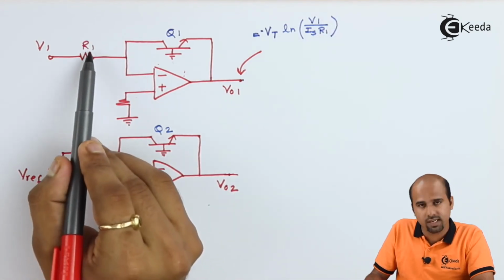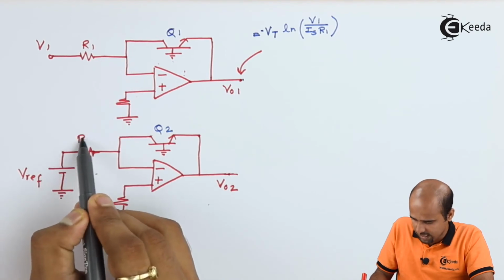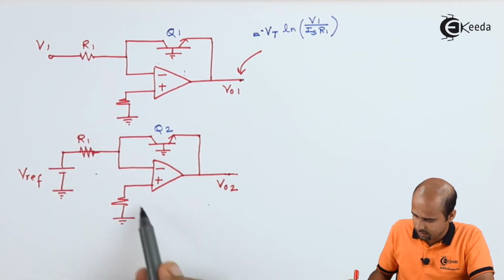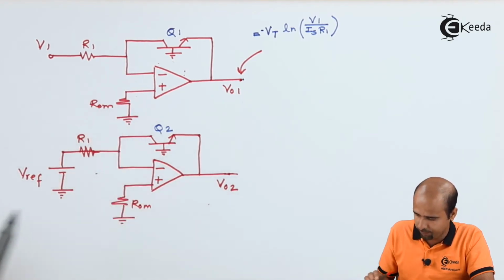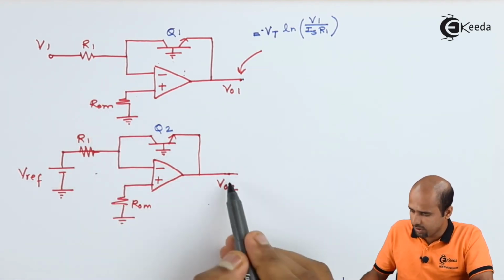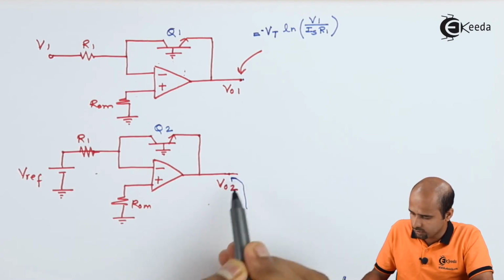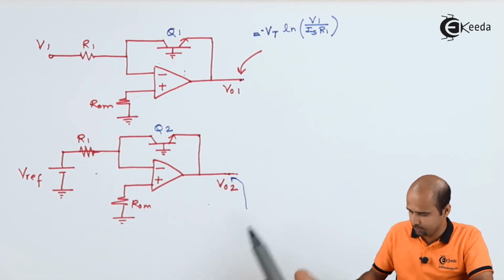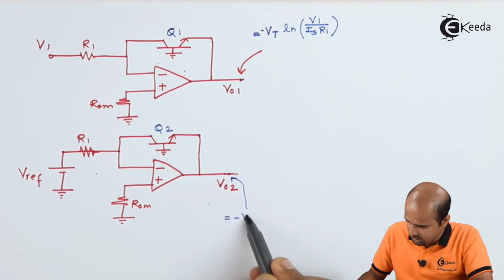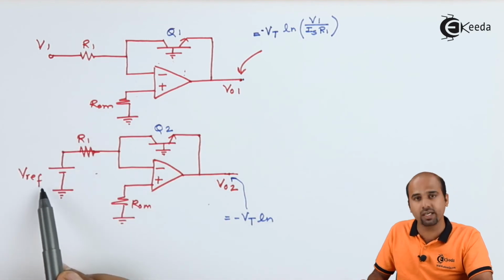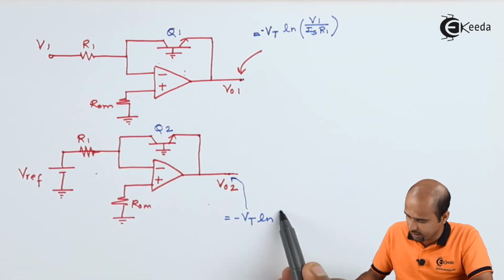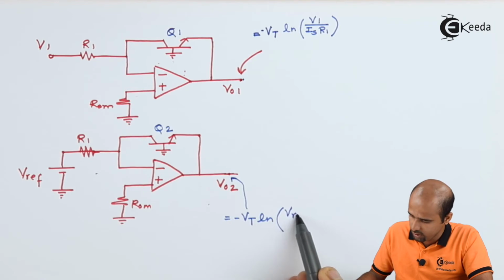Let us treat this resistance as R1, this as well R1, this is ROM, this is ROM. Now tell me what will be the value of this VO2. VO2 is equal to minus of VT ln of, instead of V1 we will be getting VREF, that is a DC constant value, VREF divided by Is into R1.